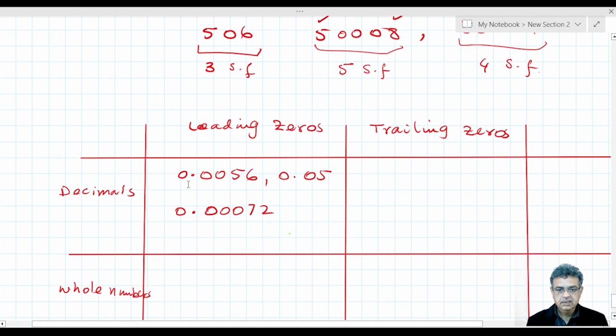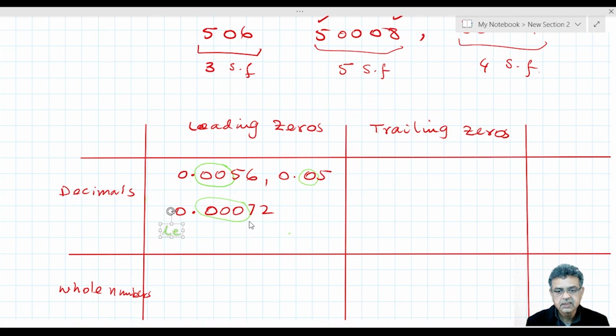Now, a specific thing about these zeros is that in the beginning there are no non-zero digits, so these are called leading zeros. These three zeros, or these two zeros, or this zero. So leading zeros are not significant.